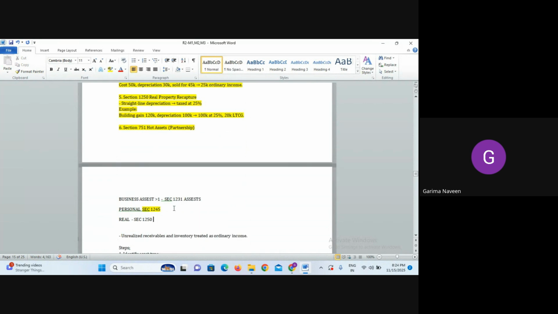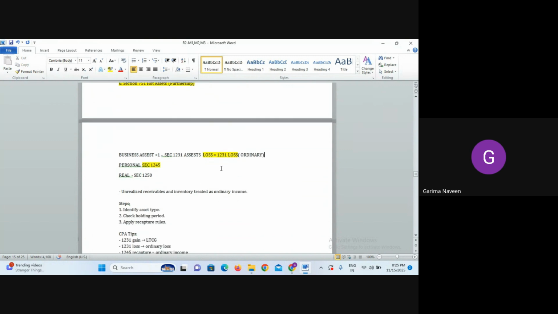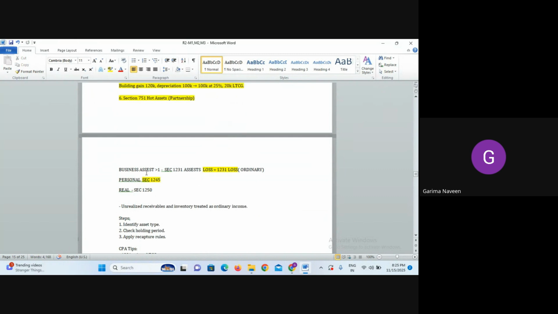When you are selling this section 1231 asset, if you have a loss, then it is classified as a section 1231 loss, which is usually taxed at the ordinary rate. But if you have a gain on this section 1231 asset, then the gain is treated differently depending upon whether it is a personal asset or a real asset.